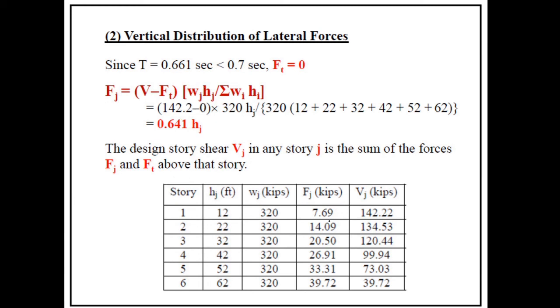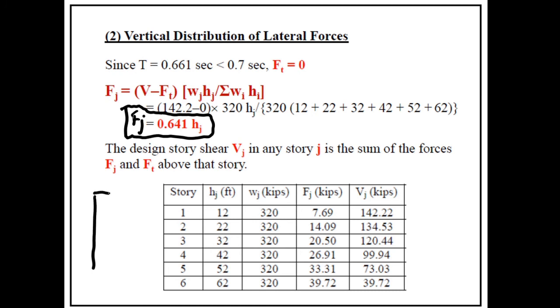So here we have already calculated the expression for Fj, and using this expression we will calculate the force that is going to act at each of the story levels.